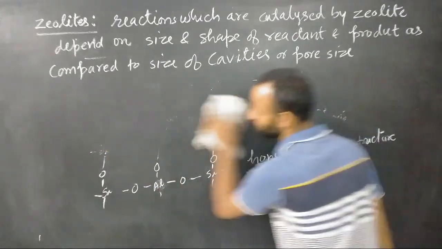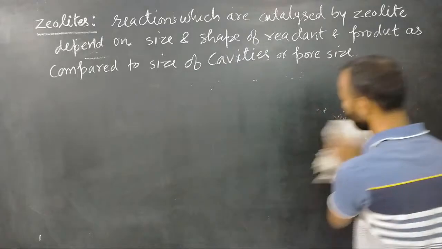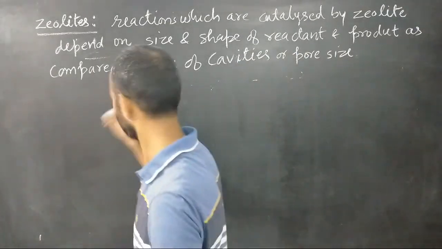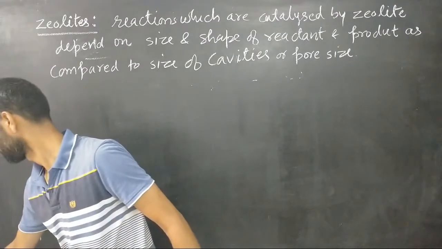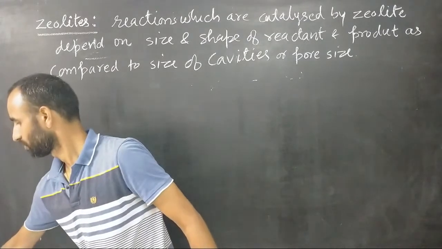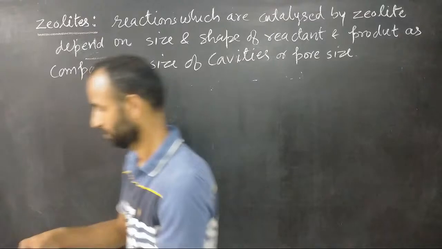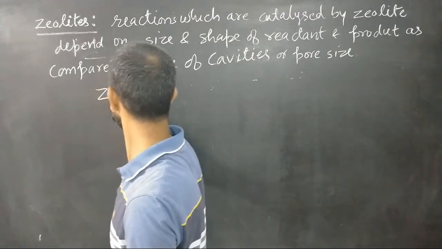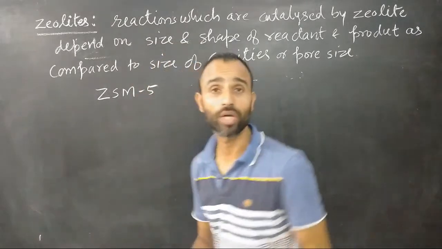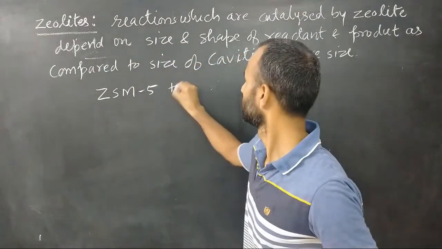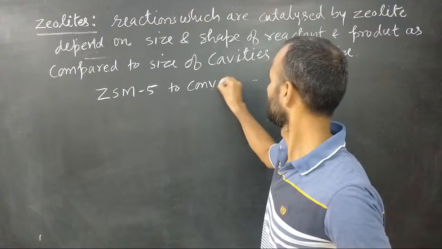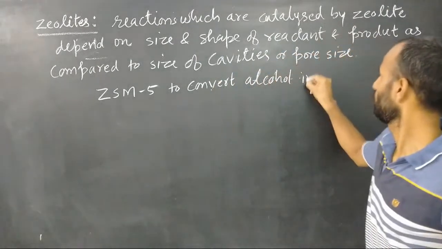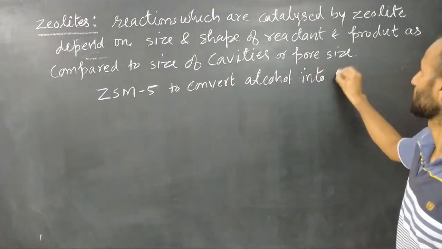For example, ZSM5 is most commonly used. ZSM5 is used to convert alcohol into gasoline.